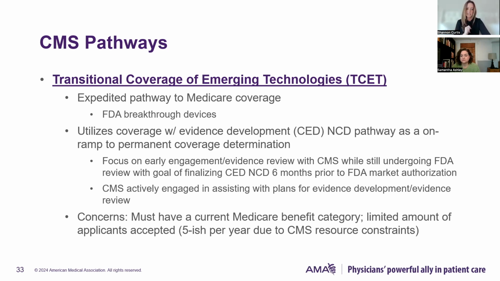The idea is that a company can apply for this pathway before they've actually received their FDA market authorization, so they can get a very quick on-ramp with CMS to coverage. They will be covered under this coverage with evidence development NCD basically immediately upon FDA approval or clearance.